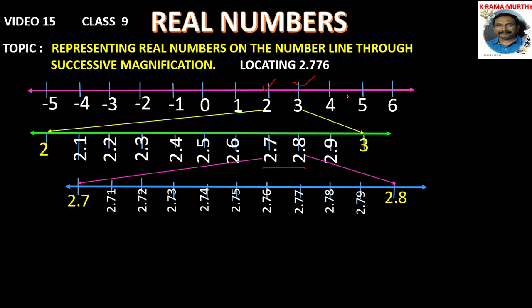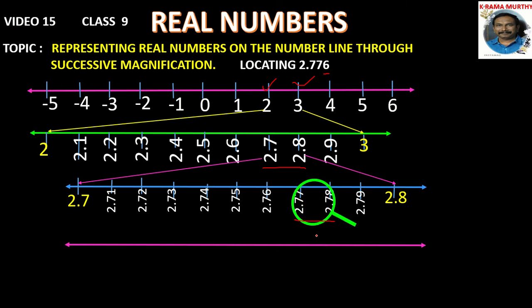Again we compare the given problem with the real number line. Here we got the thousandth place, that is 6. So again we should take 2.77 and 2.78, in between which the required number is to be located. So again take these two numbers and magnify the space between them like this.